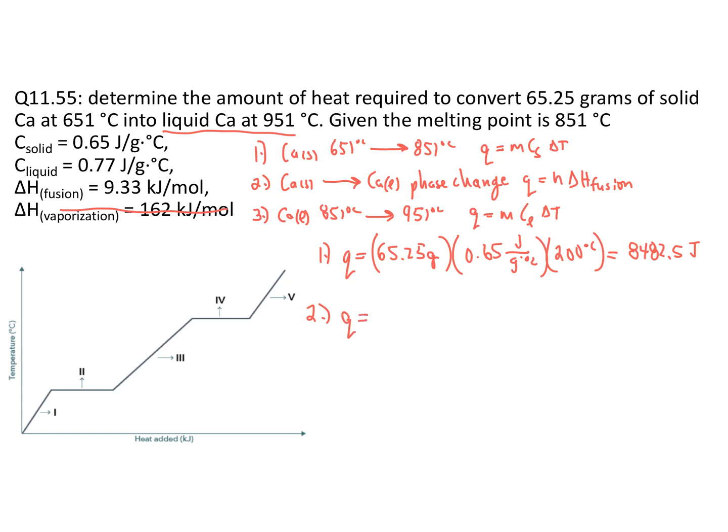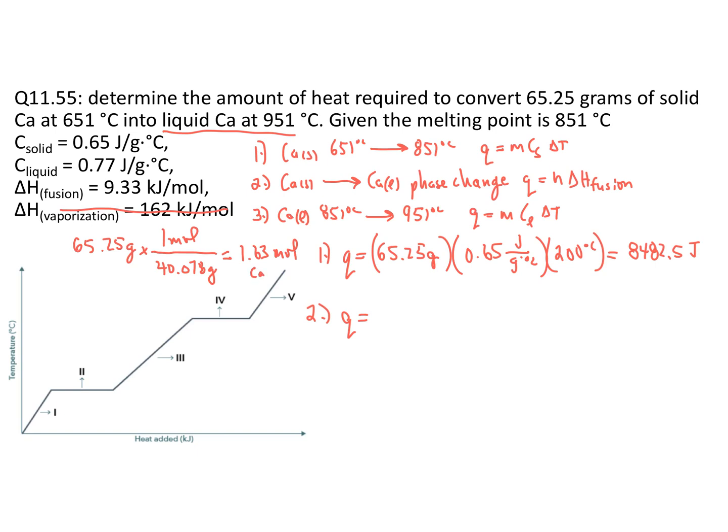Step 2, well, I can find out how many moles of calcium I have, right? Moles equals grams over molecular weight. So I have 65.25 grams of calcium, and for every 1 mole of calcium, I have 40.78 grams, for approximately 1.63 moles of calcium.